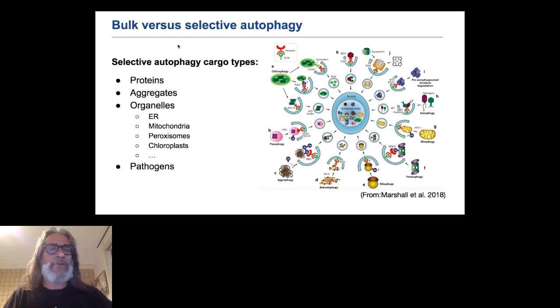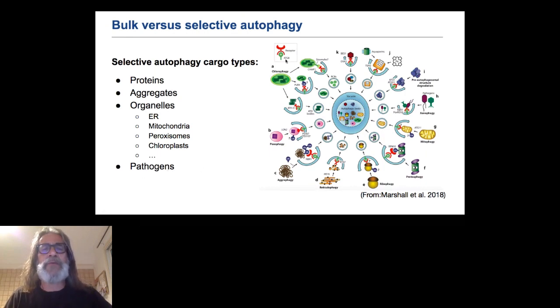Initially, autophagy was thought to be a bulk process where under stress the cells would indiscriminately engulf cytoplasmic material for recycling. However, recently we have identified different types of selective autophagy for different cargo types, ranging from proteins or protein aggregates to complete organelles or pathogens.